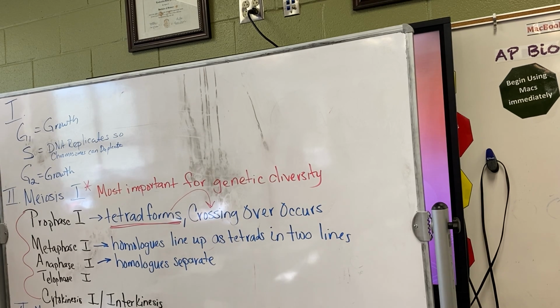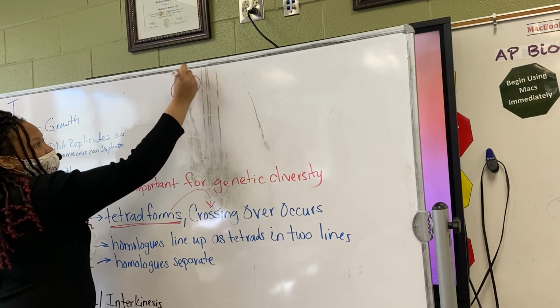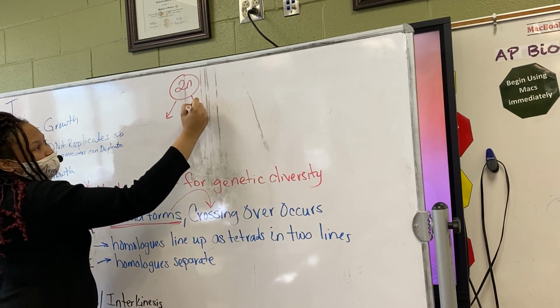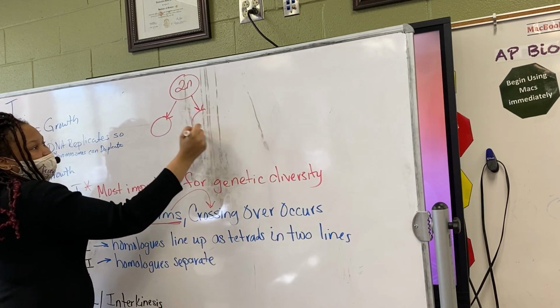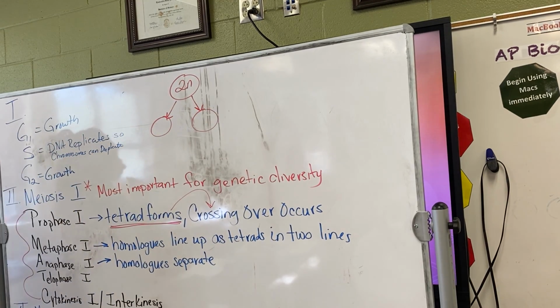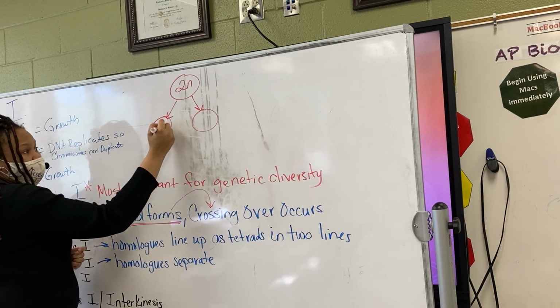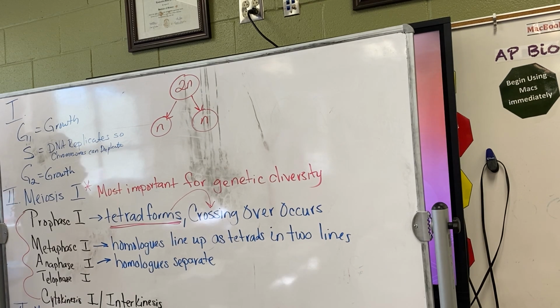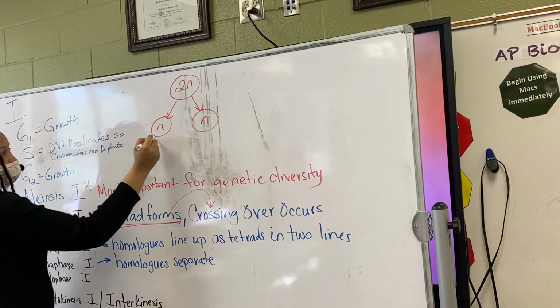So at the end of meiosis, you start off with one diploid cell. At the end of meiosis 1, you have 2 cells, but since no 2 sister chromatids are identical, they're considered haploid because you only have half of one of each of those chromatids. You don't have 2 of them because they're not identical anymore. They crossed over.